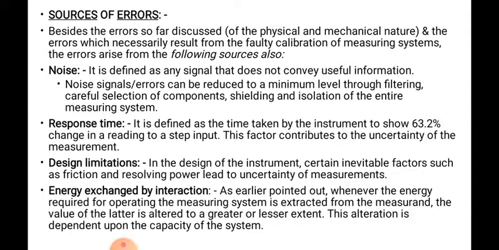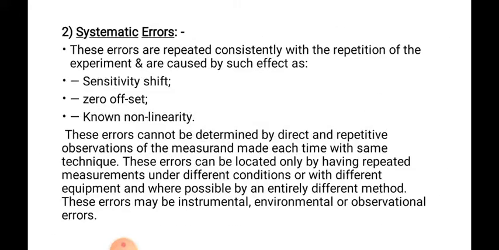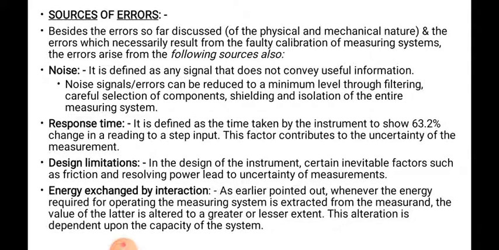What are the different sources of errors? That we will cover in the next lecture, or we will complete here itself. Besides the errors so far discussed, out of the physical and mechanical nature, there are errors which necessarily result from faulty calibration of the measuring system, and errors arise from the following sources also: the response time, design limitation, energy exchange by interchanging.